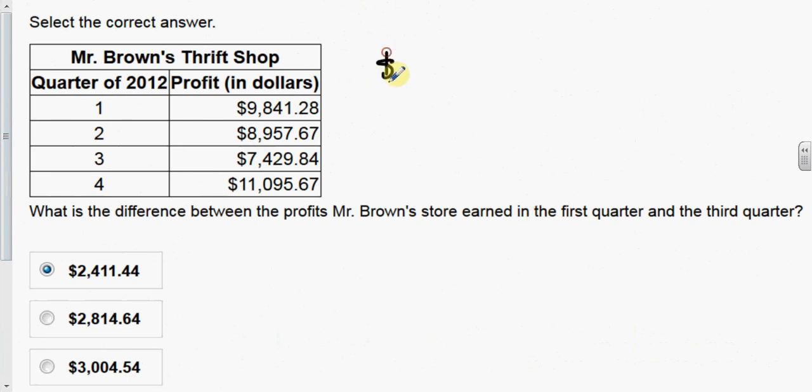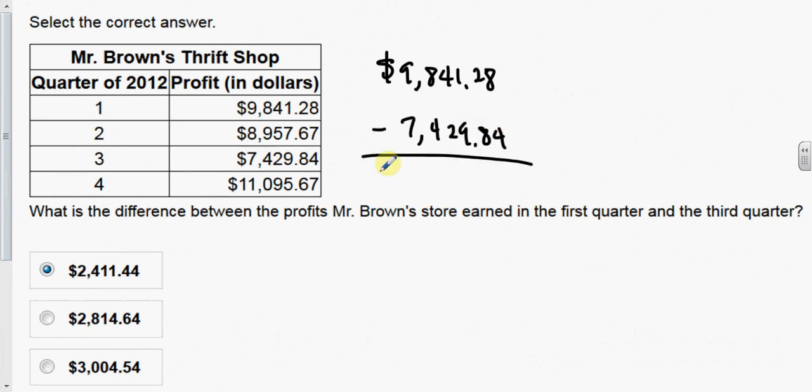So we take the $9,841.28 minus the third quarter earnings, $7,429.84, and you do that subtraction, and that leaves you with, and just on your calculator if you want, that's fine, $2,411.44.